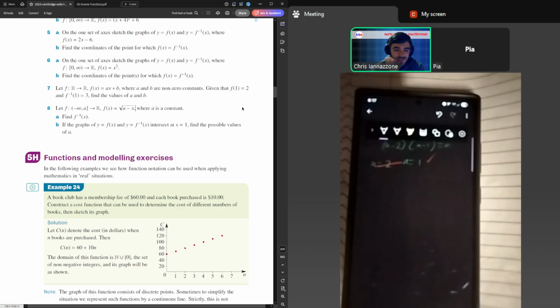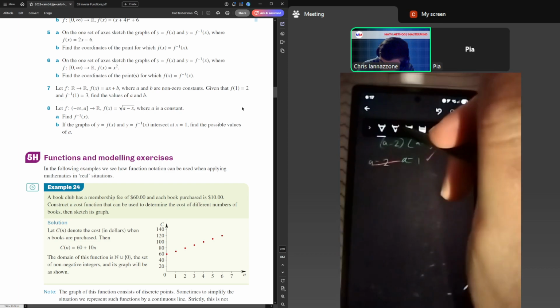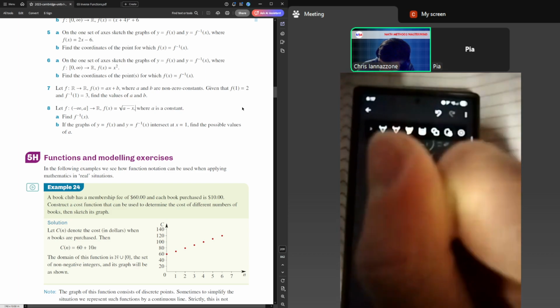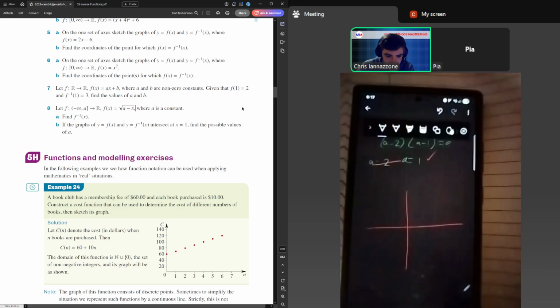And a lot of the time, what they'll do is they'll say, figure out the value for a for which the intersections have some number of solutions. I won't spend too much time trying to find it, so what I'll do instead is just draw it from memory.